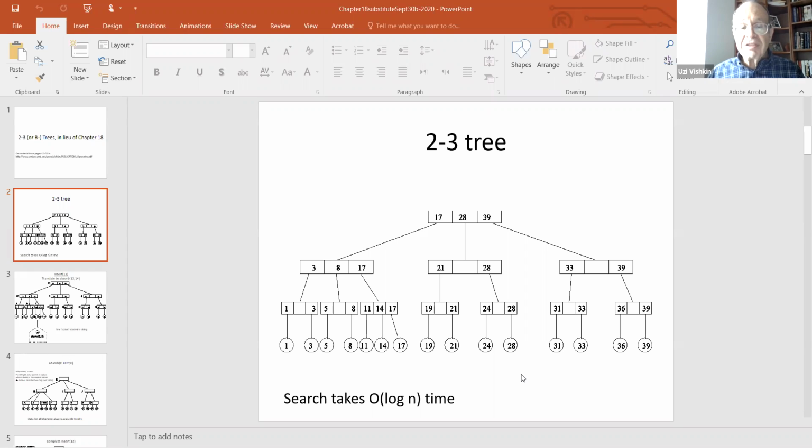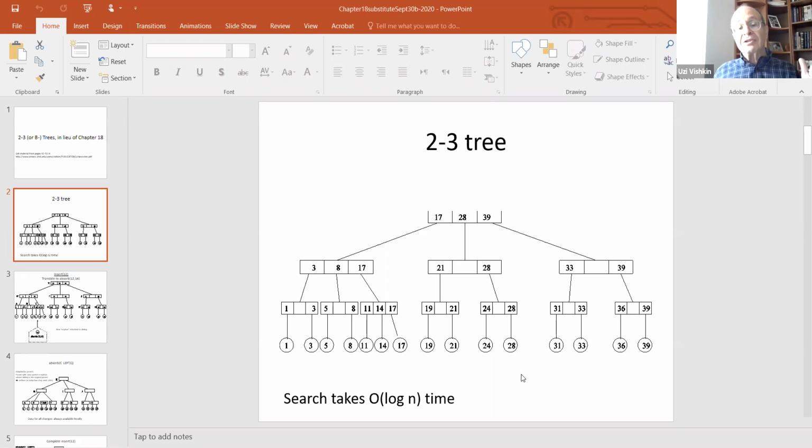And that's exactly the point, because log base 3 of n is a constant factor away from log base 2 of n, right? Because you take log 3 over log 2, and this gives you the factor of moving from one to the other, which is a constant factor.